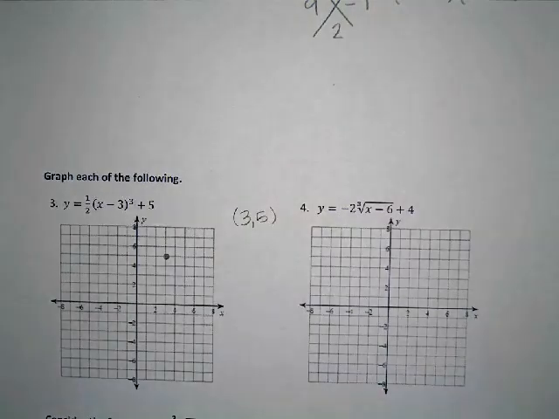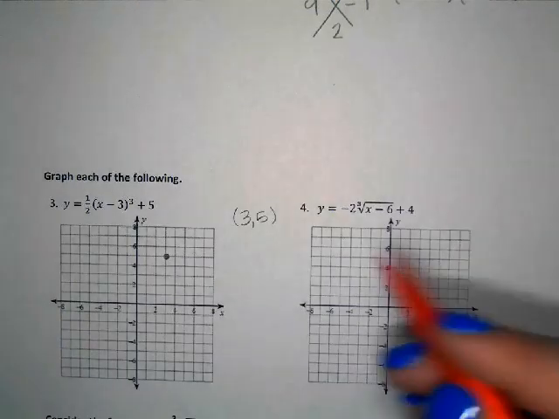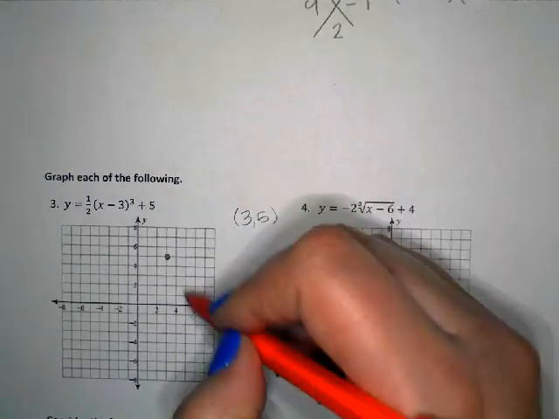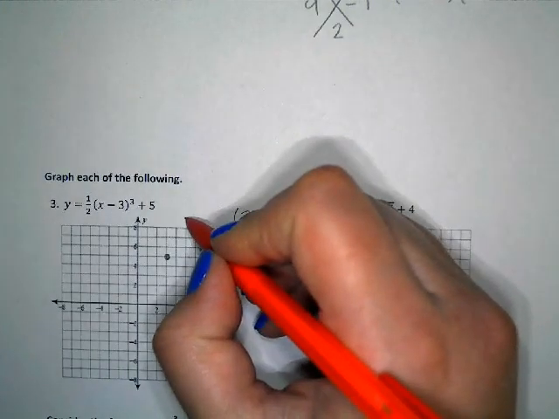Now 3, 5 is not on our table, so we got to make our table a little bit bigger. Okay, there's 3, 5. And then I'm going to do a couple points on either side of that. So a couple points here and here. So I can do, can't quite do 5, 9. It's a little bit off the graph.